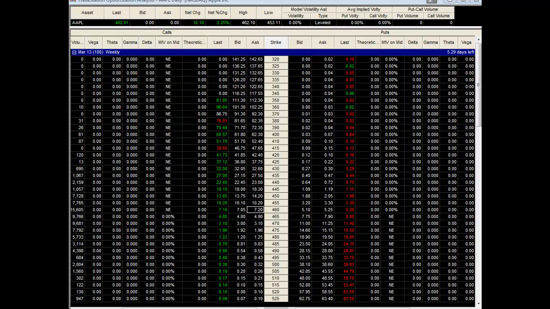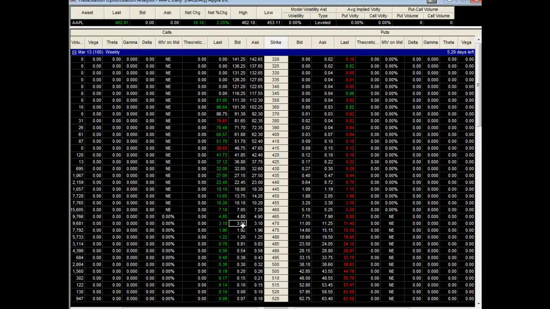Just one second. Yeah, so you could buy the 460, sell the 470 against it. That's a $10 spread, and that's currently going for about $4 or $400 a contract.